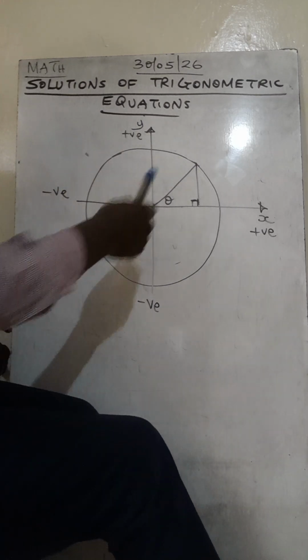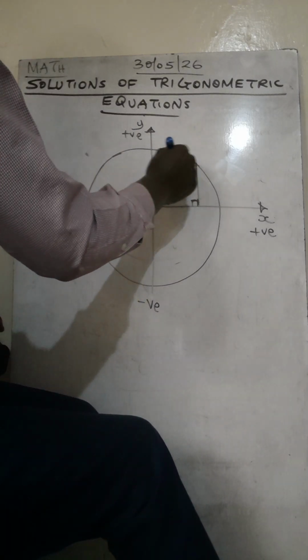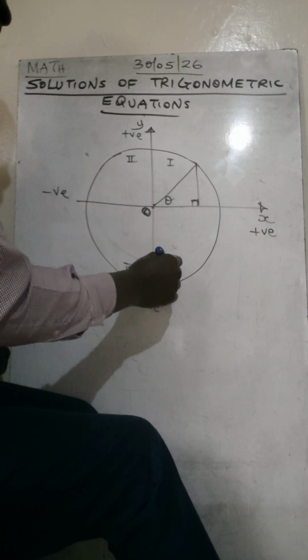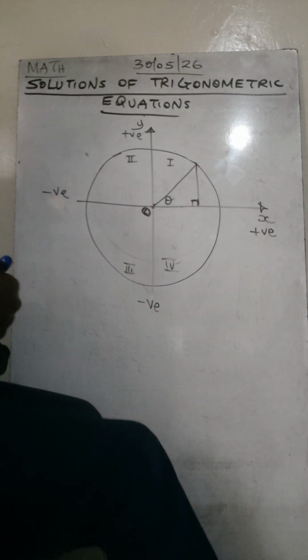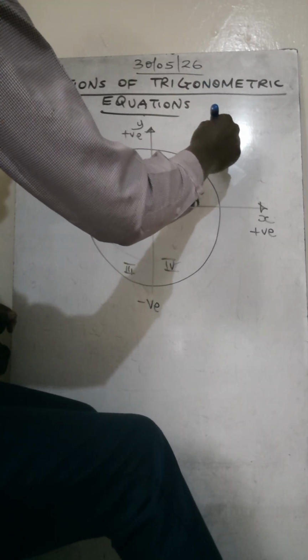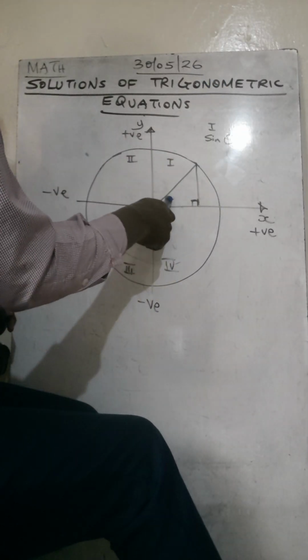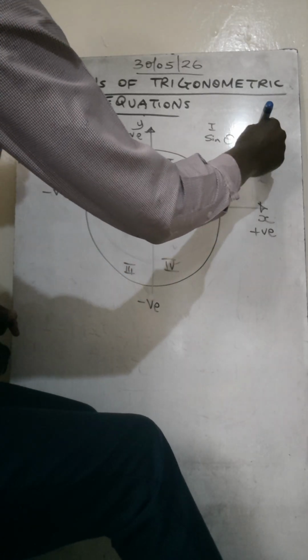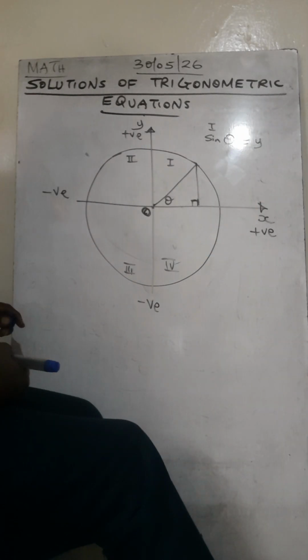So let us focus on the first quadrant, second quadrant, third quadrant, fourth quadrant. In the first quadrant, we said that sine of angle theta is given by change in y values from the previous videos we did.